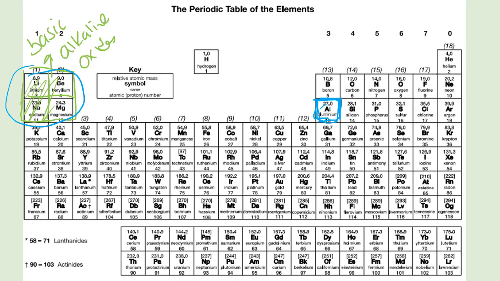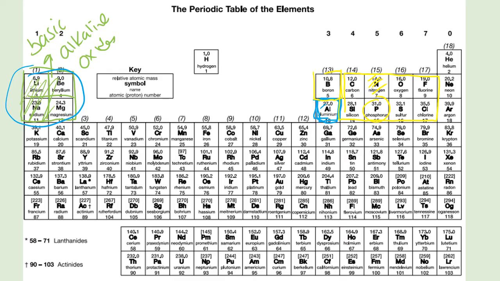Boron was a non-metal and it would form an acidic oxide. And hopefully, we've just gone through the rest. These are all, if they react, they form acidic oxides. Some react more easily than others. Nitrogen, very unreactive, whereas phosphorus was more reactive.